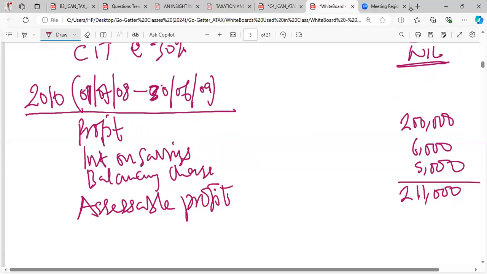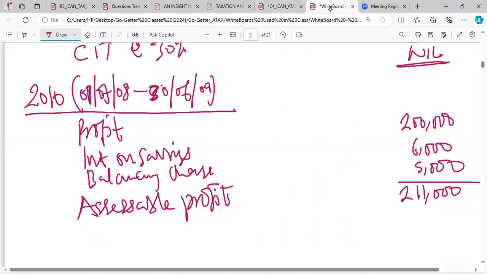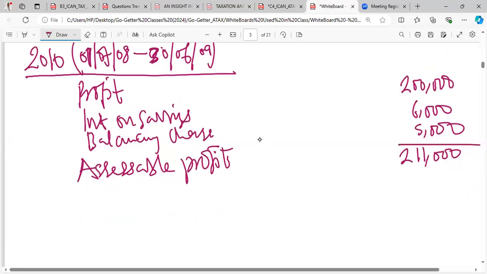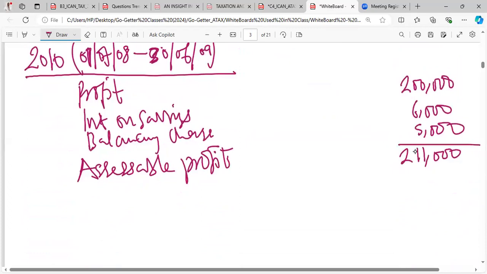Okay, so we don't bother about the capital allowance if it is 2/3. Or we can as well do the 2/3 of capital allowance, no problem. But we have capital allowance here, 20,000 here. So you start with that. Capital allowance brought forward, you have 20,000.